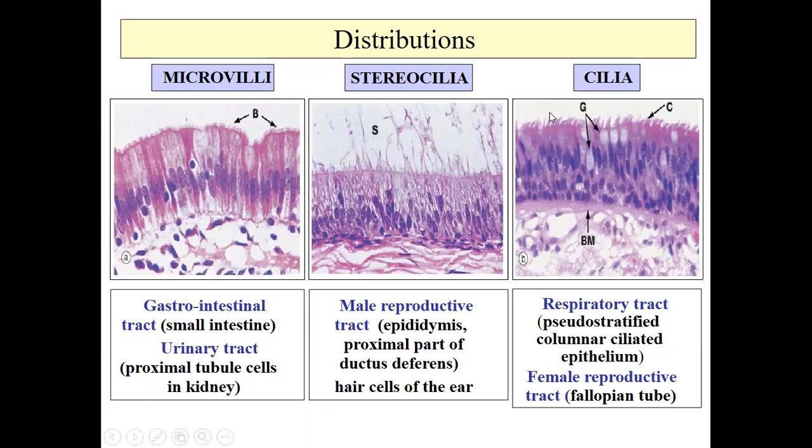The cilia here are motile, so in the respiratory tract they sweep away the foreign material that is inhaled. In the fallopian tube, the cilia are important in the movement of the ovum toward the uterine cavity.